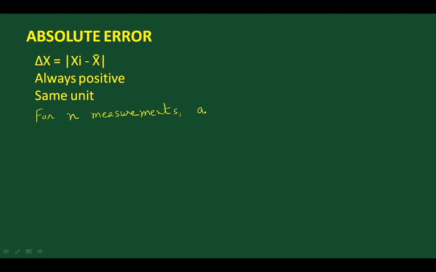Or you can write for n measurements A1, A2, A3 up to AN, that is A mean. A mean can be found by A1 plus A2 plus A3 up to AN divided by N. So this is the A mean, right?